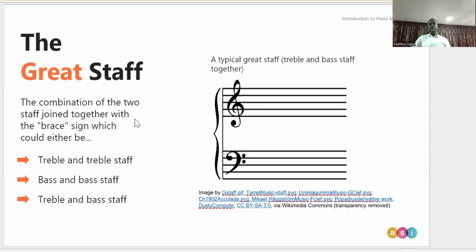We moved further to look at the grand staff, the combination of the two staves, treble and bass. Conventionally, as a pianist, as a piano student, you will be exposed to the treble and the bass staff.